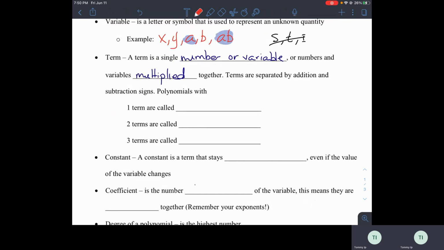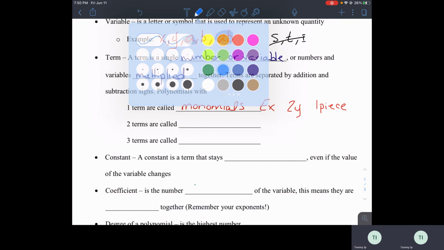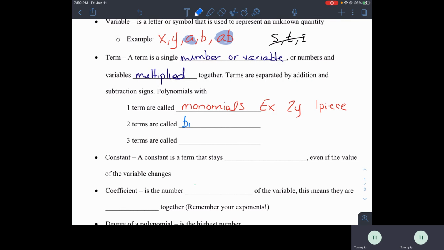Polynomials with one term are called monomials. And an example of that would be 2y. I have one piece of puzzle because mono means one. Moving forward, two terms are called binomials.